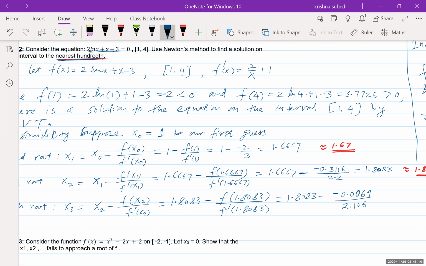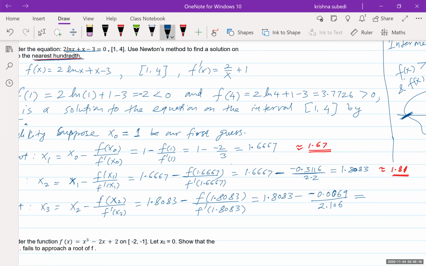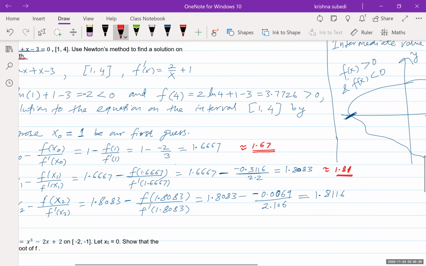That's what my calculator is giving me. And when I calculate this, again using the calculator, it gives me 1.8116. Now let me round it to the nearest 100th. When I round it to the nearest 100th, I'm going to get 1.81. Okay guys, good news.